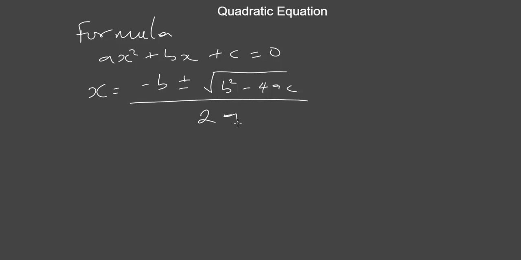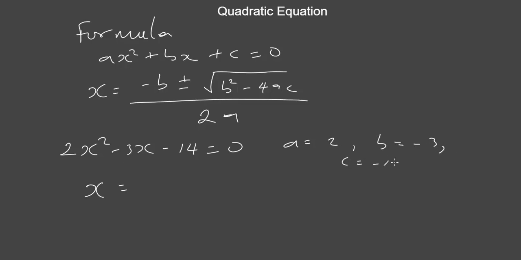So it's very straightforward. So in the previous example where we had 2x squared minus 3x minus 14 equals 0, we could have just used this formula straight up. In this case, a is equal to 2, b is equal to minus 3, and c is equal to minus 14.